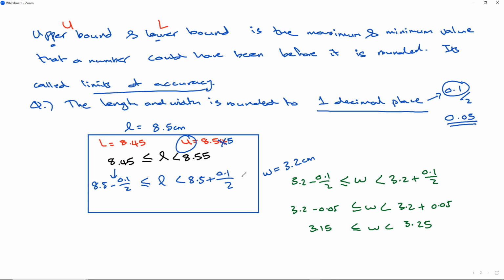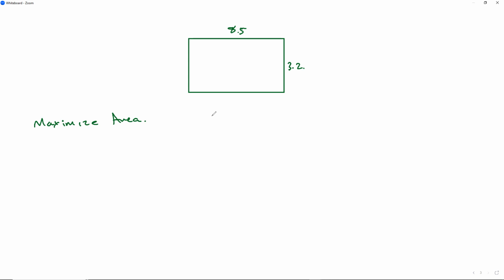Okay, so I've got this upper bound and I've got this lower bound, 8.5 and 3.2. That means I have different variations of the rectangle that I can have. So I've got my original rectangle, which we're saying is 8.5 and 3.2. If I want to maximize the area of this rectangle, then I need to have a maximum width and a maximum length, right?